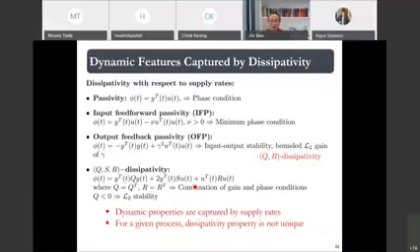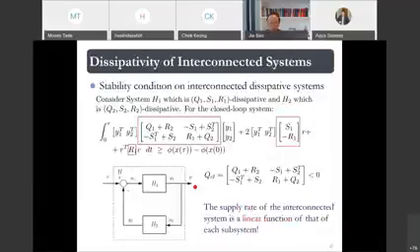And if you look at the QSR, actually you have an infinite number of different supply rates for a given process system. So if you think about control design, it's really objective driven. You need to look for the supply rates and dissipativity conditions which allow the stabilizing control design.